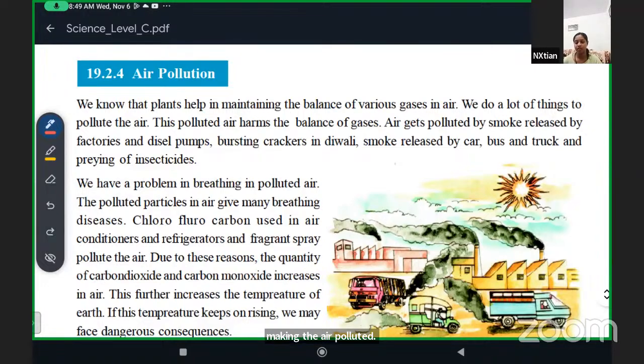Right. Now, what happens? Air gets polluted with a lot of things.